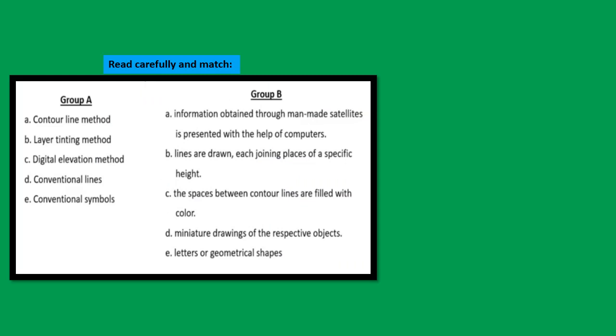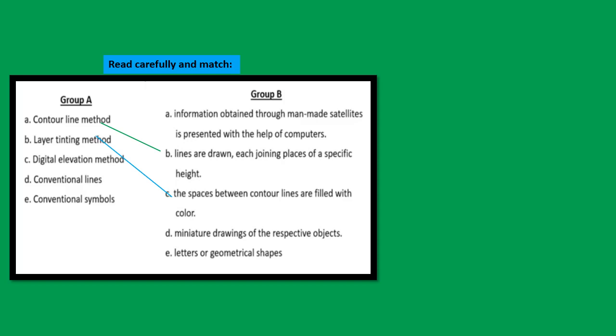Now let us match group A with group B in this activity. Answer for A is B. Next, for question B, the answer is C. What is the answer for digital elevation method?